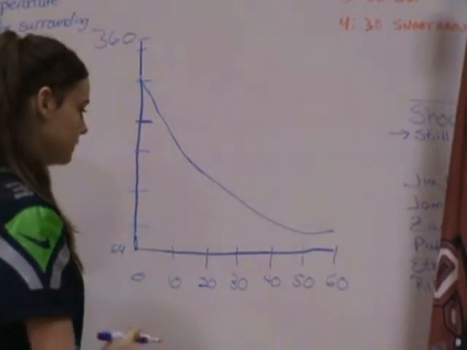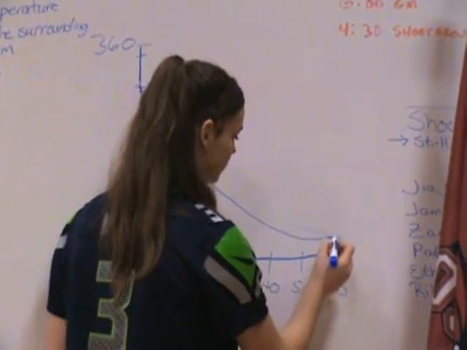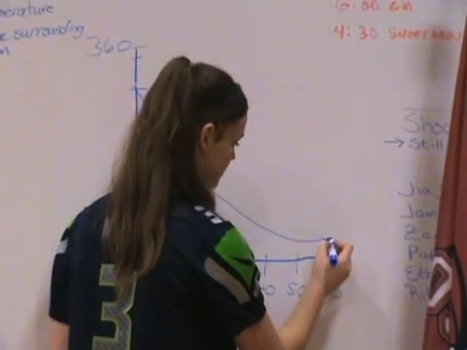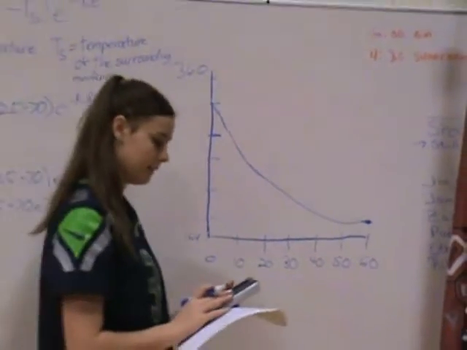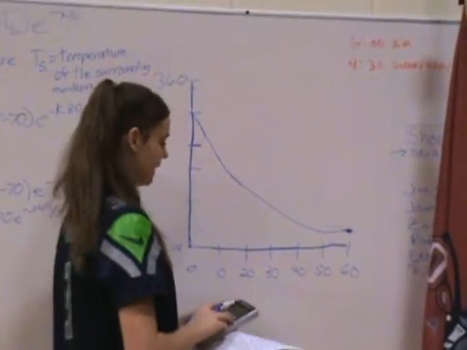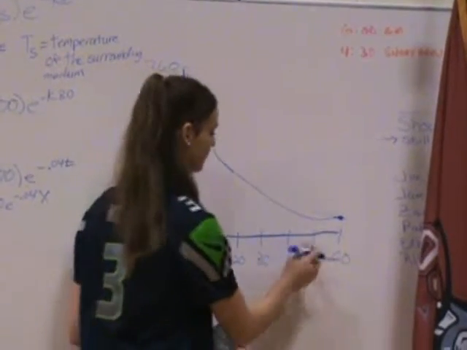But to solve it, you want to know after 50 minutes, you want to know this point right here. So there are multiple ways to do this, but my favorite way is if you hit the trace button on your calculator, and from there you can just go on to about 50 minutes.